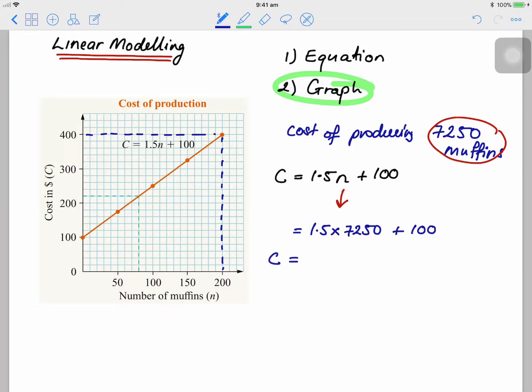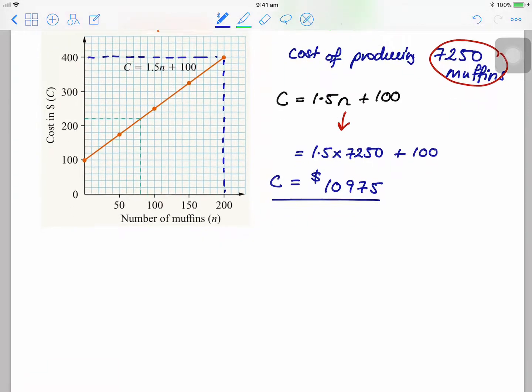This value comes to be 1.5 times 7,250 plus 100, $10,975. That is one advantage of having the equation over the graph. When the values are too big and are not realistically graphable, we can use the equation to find out. Likewise, we can do the reverse.